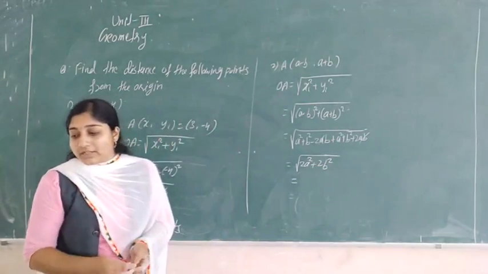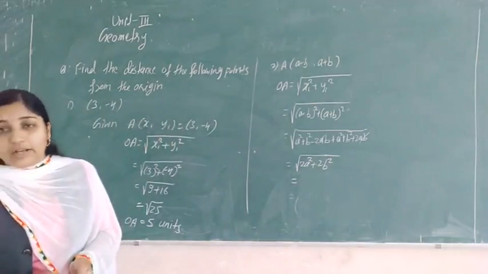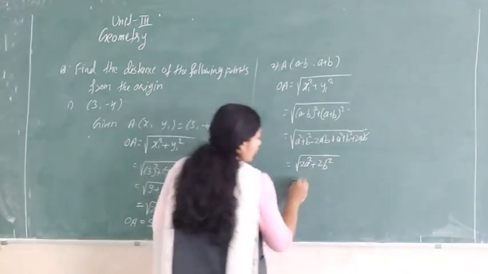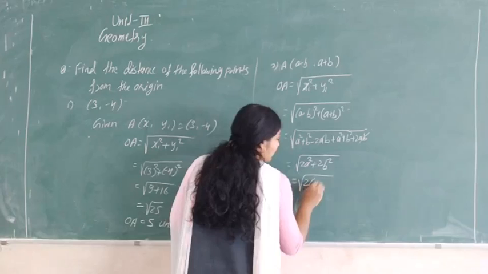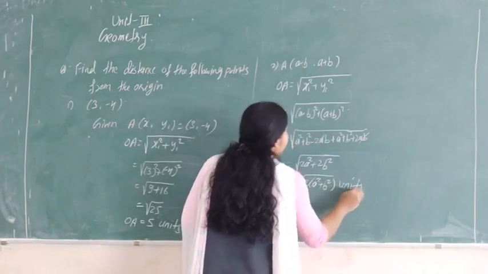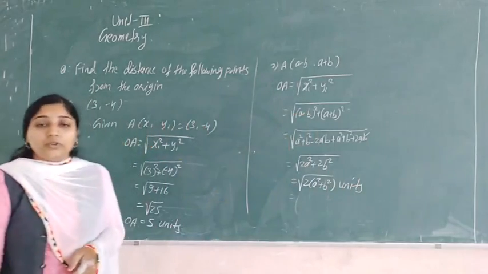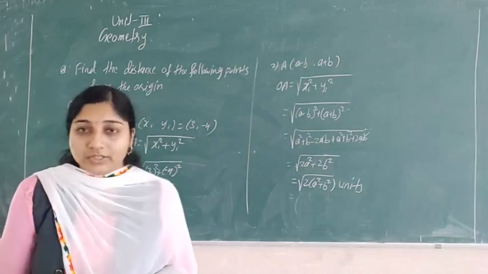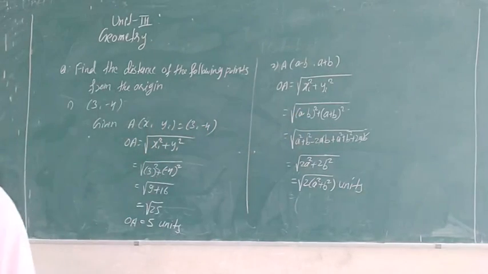So the answer is the square root of 2a square plus 2b square, or we can take 2 common, so we remain with the square root of 2 times (a square plus b square) units. So the distance between these 2 points is root of 2(a square plus b square) units. This is one. Similarly, we have many examples here.